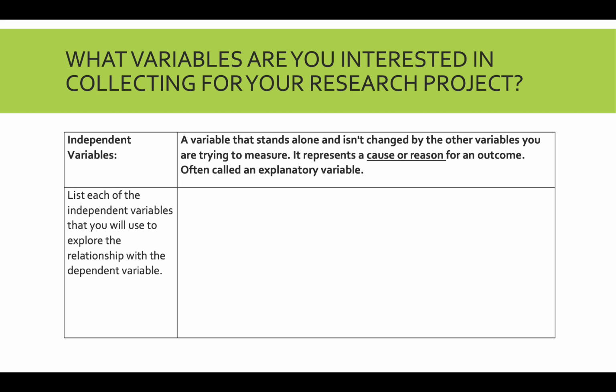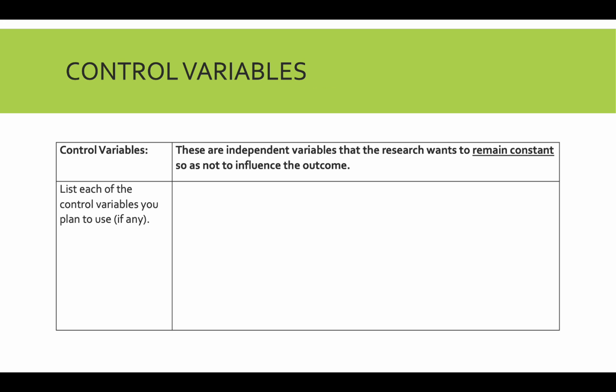Maybe my independent variable is the age. How old are you? Perhaps my independent variable could be whether a team name is controversial or not. So those are the types of independent variables that I would look at in my study. And you need to look at independent variables for your study.